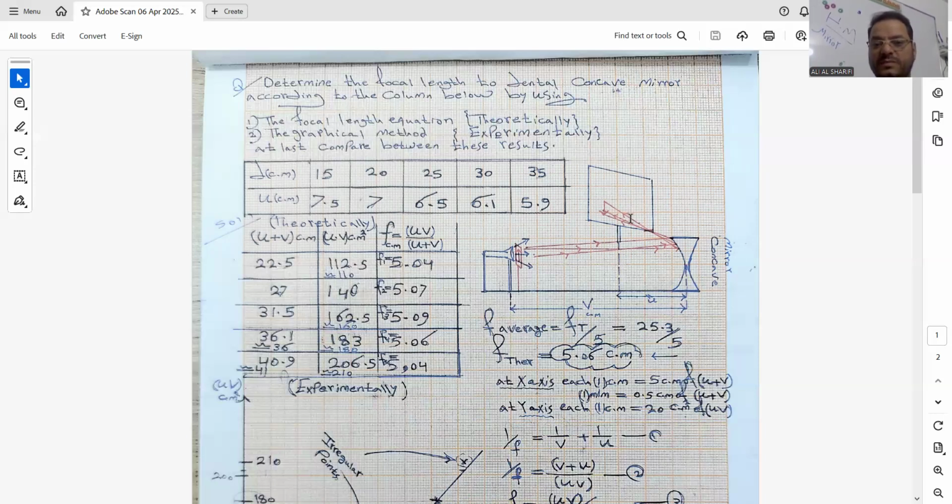Okay, from our life, when you become a dentist, you will use this mirror to test and be sure if your patient has some cavities, some cracks, whatever.